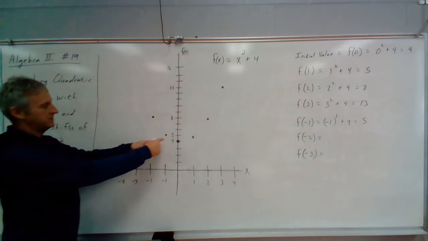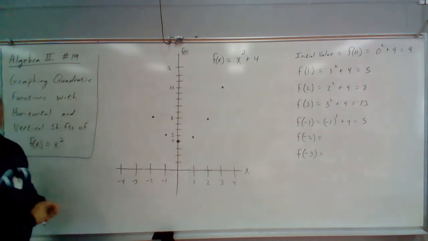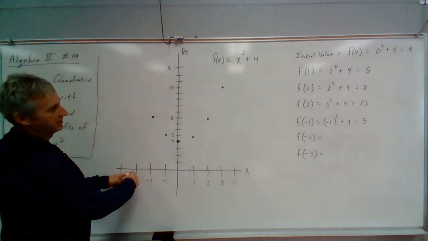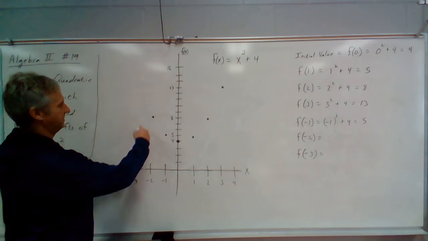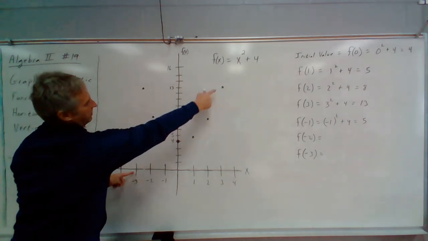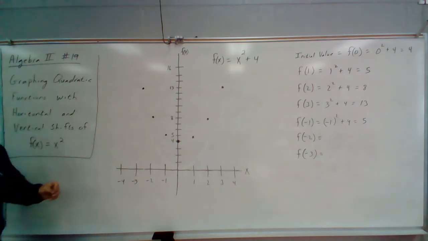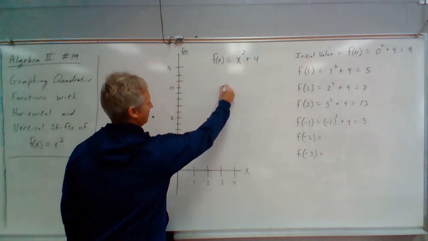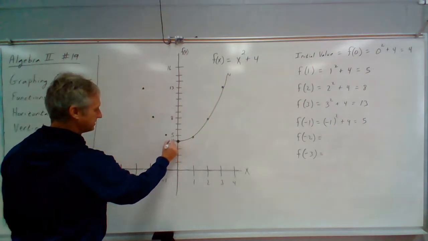Because this parabola is going to be symmetric around the y-axis. So if I plug in a negative 3, I would get a 13 because it's symmetric around the y-axis. So I would get a parabola that looked like this.